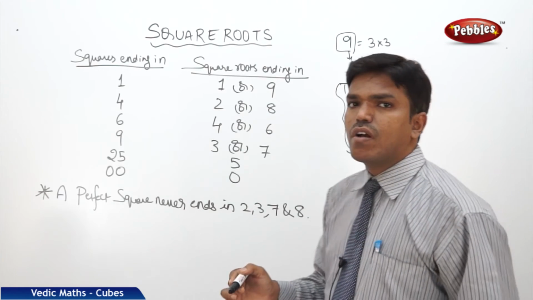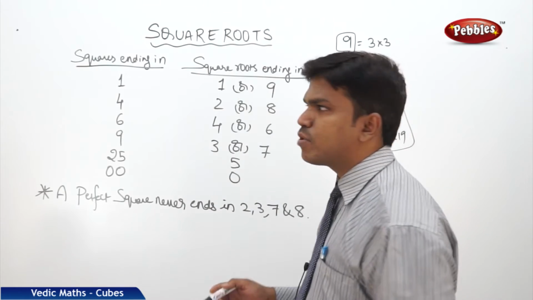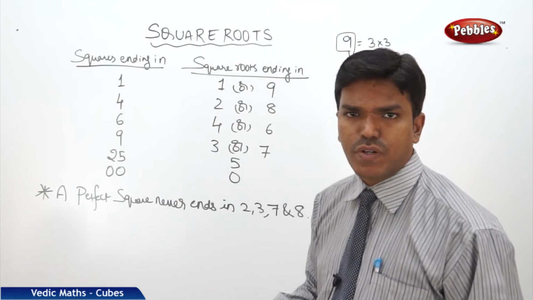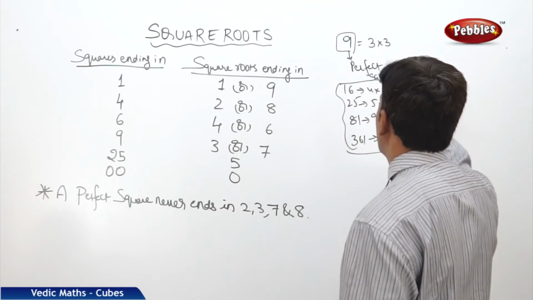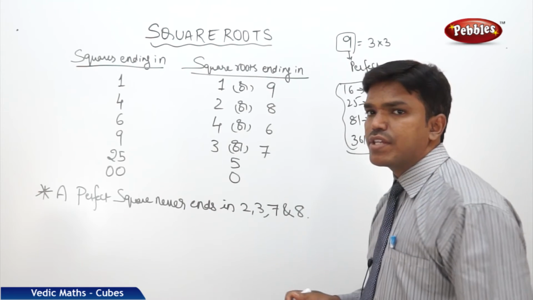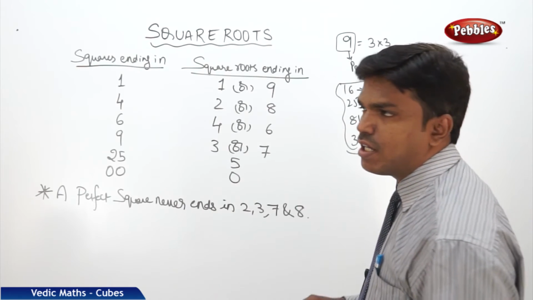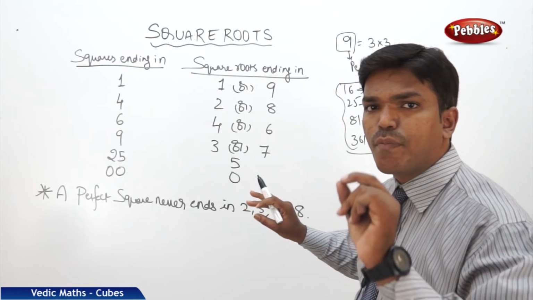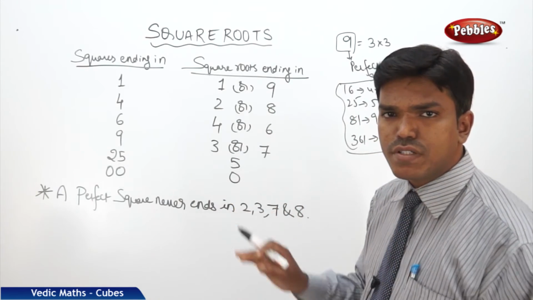Then what are imperfect squares? Apart from the perfect squares, all the remaining numbers are imperfect squares. For example, is 24 a perfect square or not? Can 24 be written as a product of two same numbers?